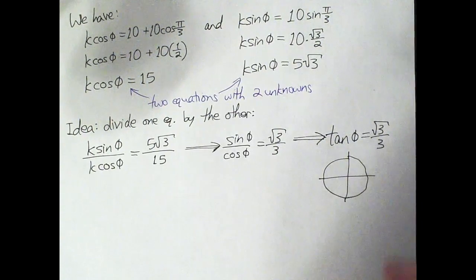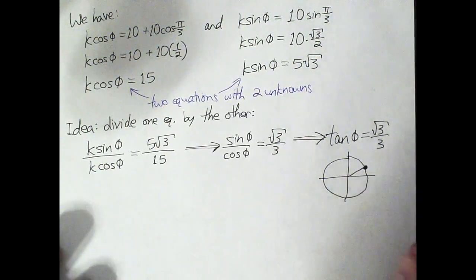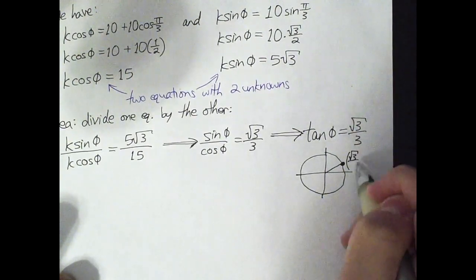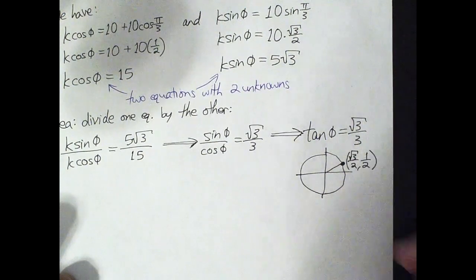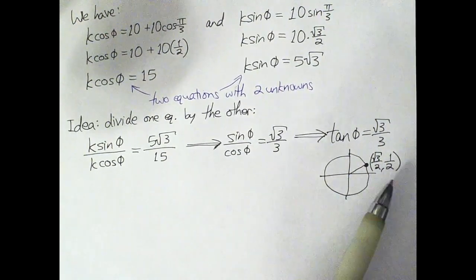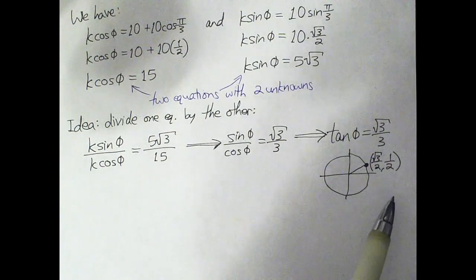You could check a couple of those points. The one that's going to work is this one. What is this point here? This is square root of 3 over 2, comma 1/2. Check out what happens if your sine of phi is 1/2 and your cosine of phi is root 3 over 2.